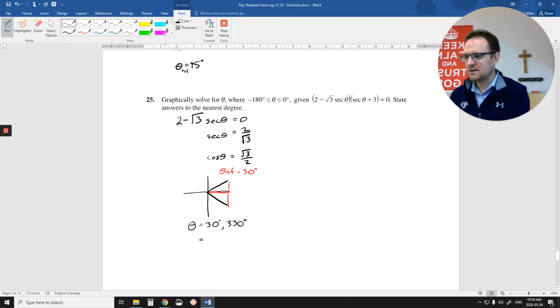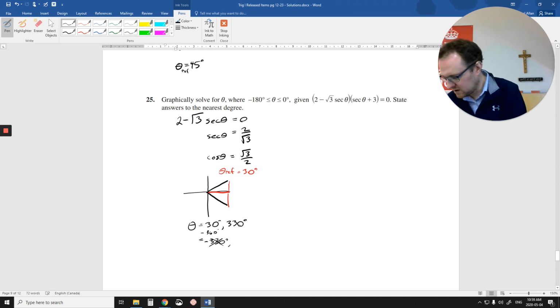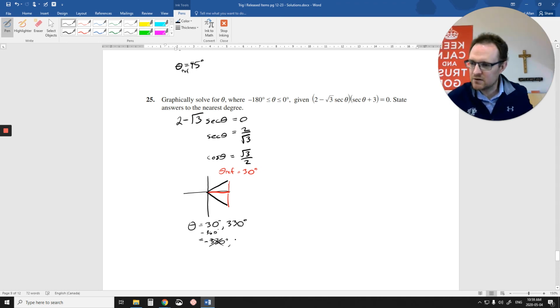I'm going to subtract 360. 30 minus 360, nope, that's too far. But if I go 330 minus 360, I get negative 30. So that angle works out nicely.